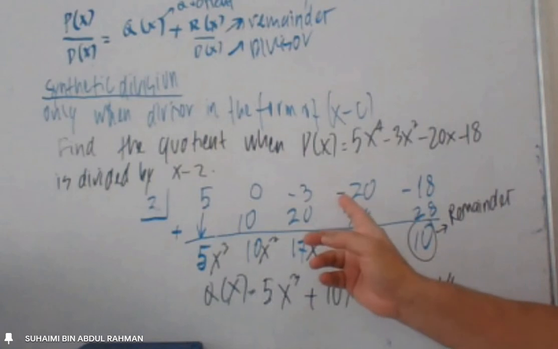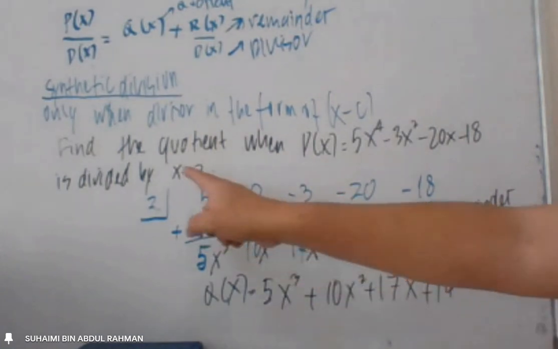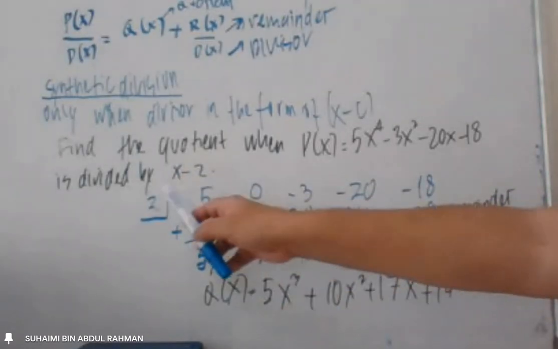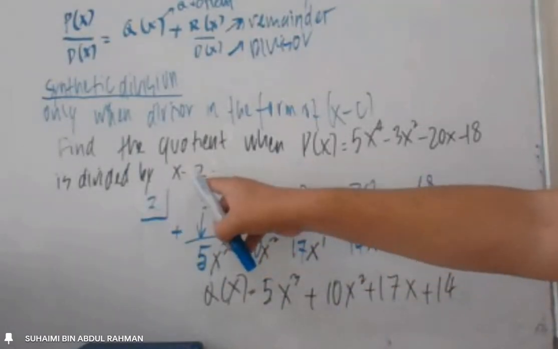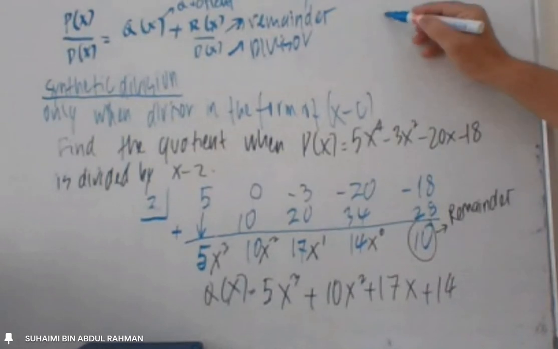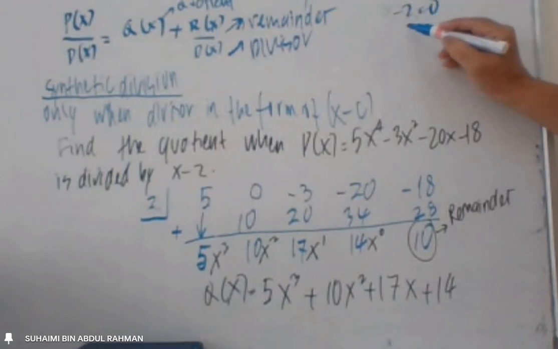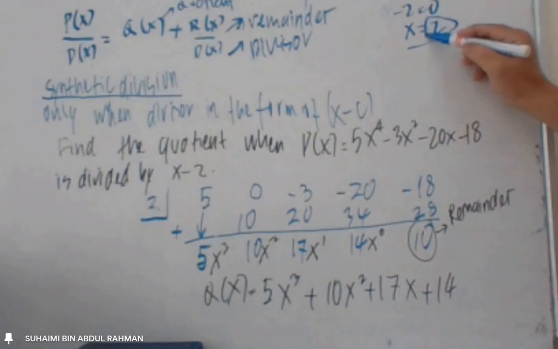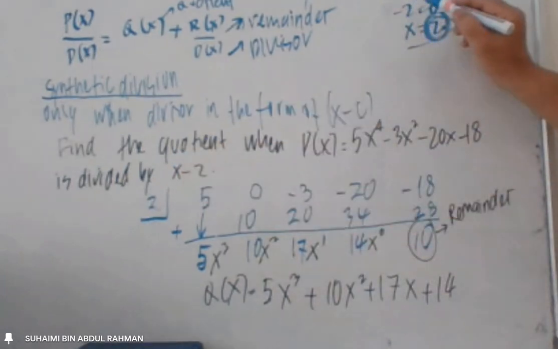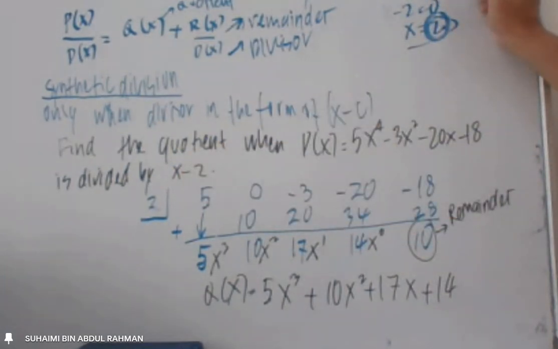Negative what? Negative 2 in the divisor, x minus 2. Right. To find what number is supposed to be here, make x minus 2 equal to 0. So x equals 2. So the number supposed to be there is 2. Thank you, sir. If, let's say, divide by x plus 2, make x plus 2 equal to 0, x equals minus 2, so the number supposed to be there is minus 2.